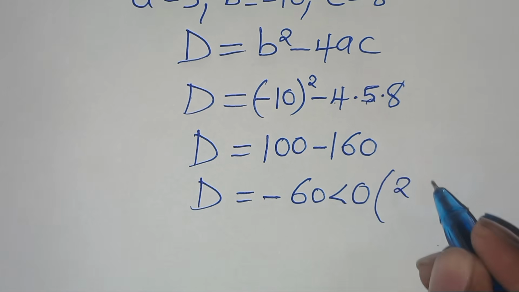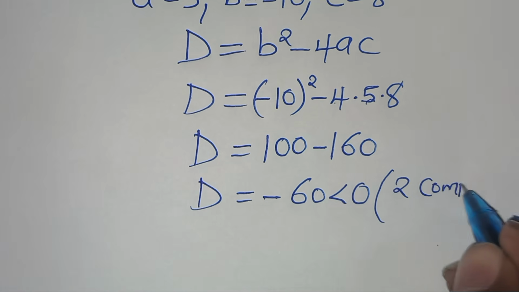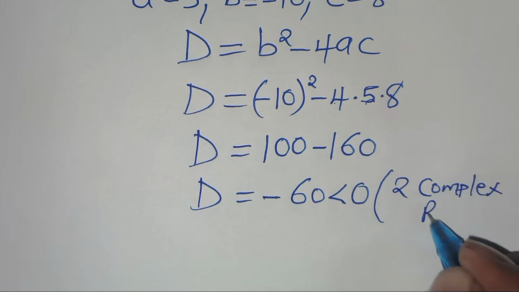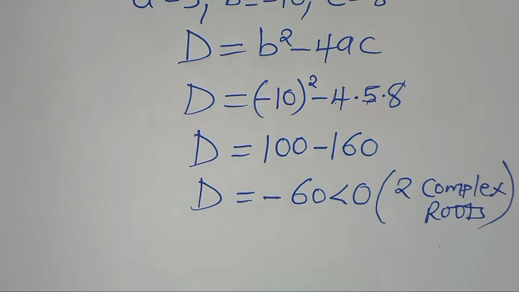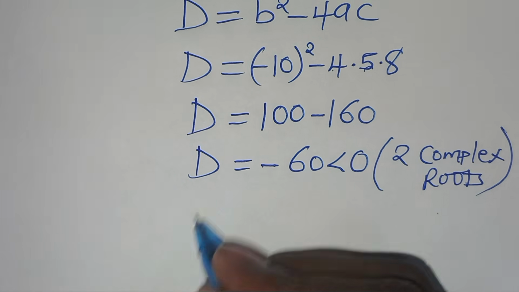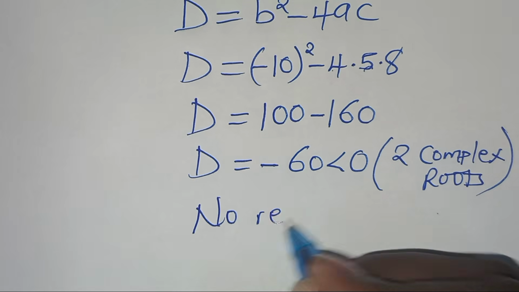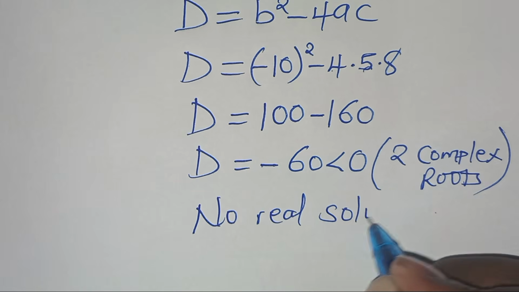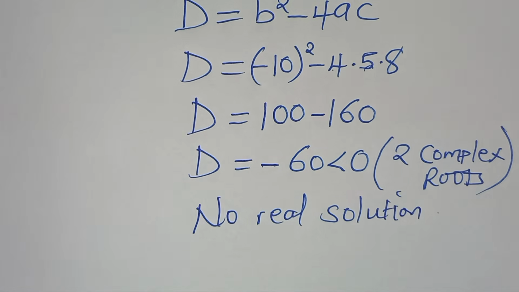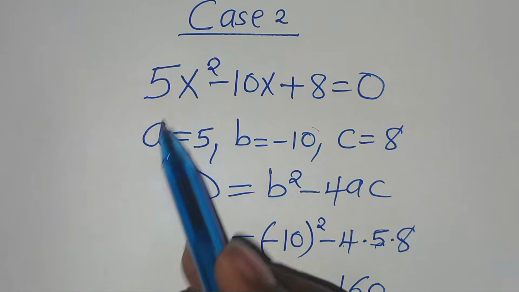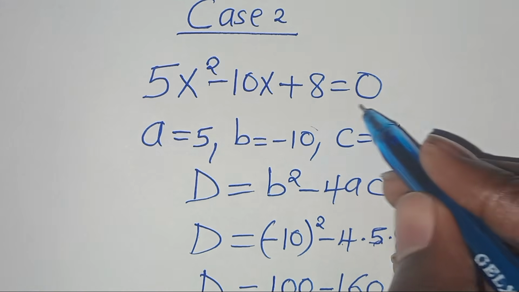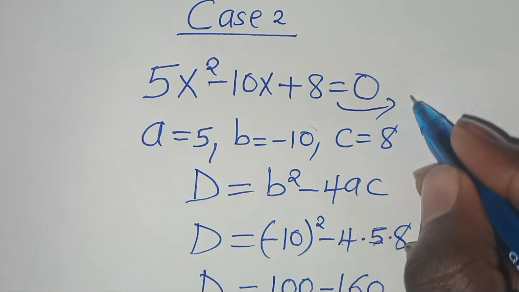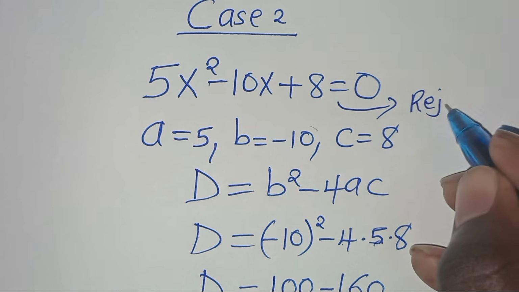So this means we have 2 complex roots. And this depicts that there is no real solution that can be obtained from this quadratic equation. So this means that this quadratic equation is rejected.